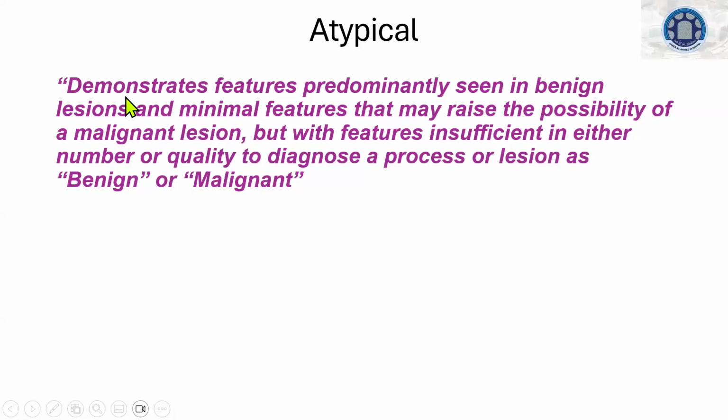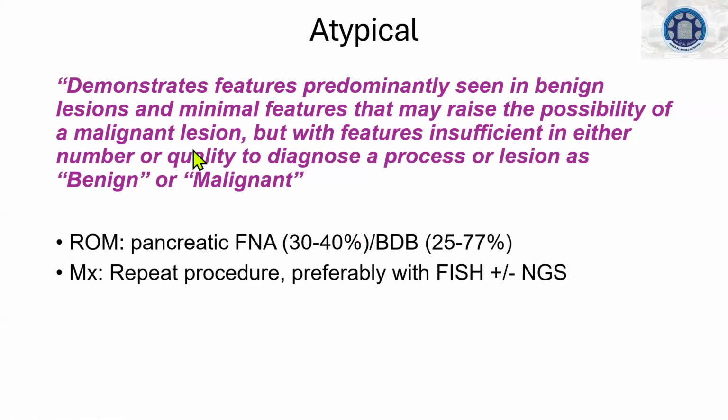So atypical means features predominantly seen in benign lesions and minimal features that may raise the possibility of a malignant lesion, so you cannot put it on either the benign or the malignant side. For pancreatic, it is 30 to 40 percent. For bile duct brushing, it is 25 to 77 percent. And this is where you prefer to do FISH or NGS.